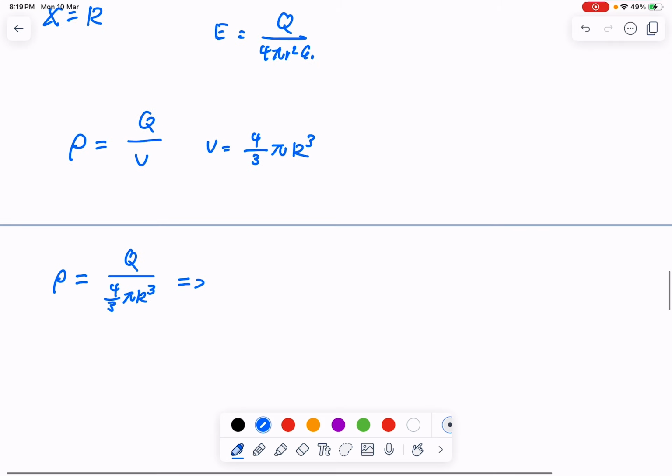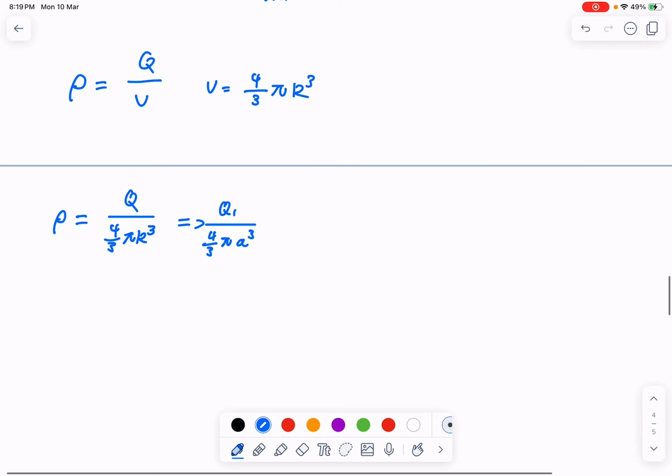So what I mean is that, for example, at A it has a charge of Q1. It must maintain this ratio. That means it's also 4 over 3 pi A cubed.